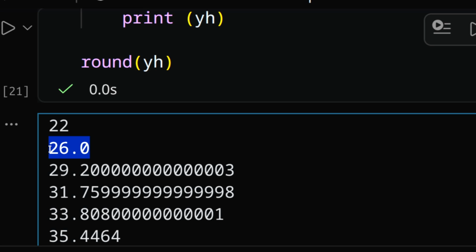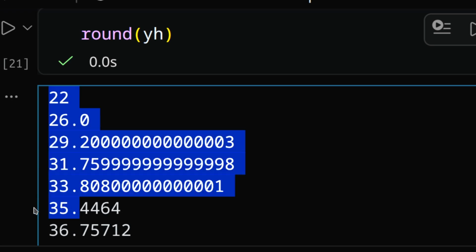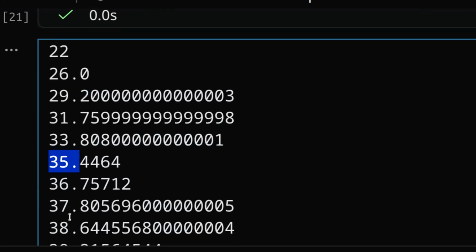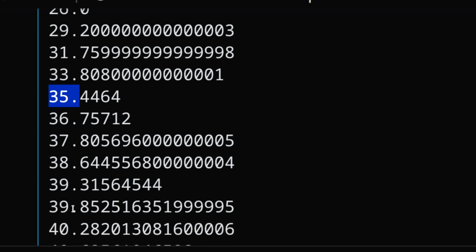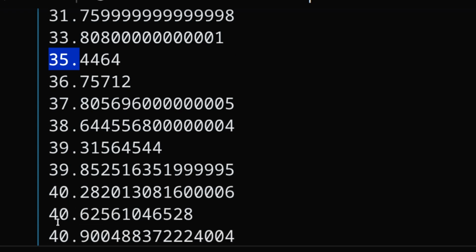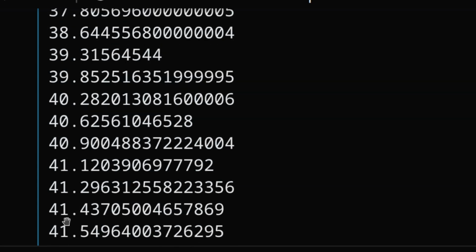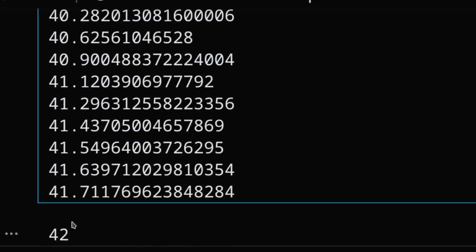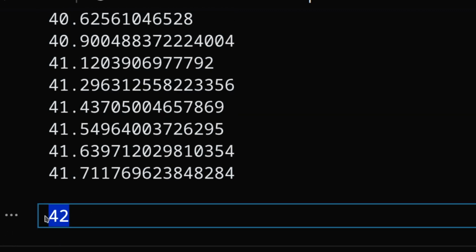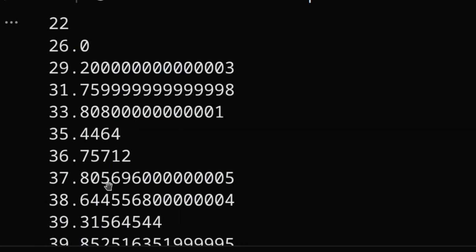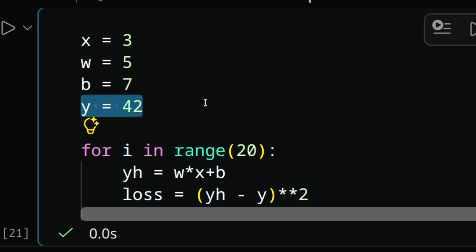Then you can see it gradually climbs: 26, 29, 31, 33, 35, 36, 37.8, 38.6, 39, 39.8, 40, about 40.6, 40.9, 41, 41 and a half, 41.7, and it rounds it off and ends up being 42, which if you look up here, remember the answer to all of this is 42.